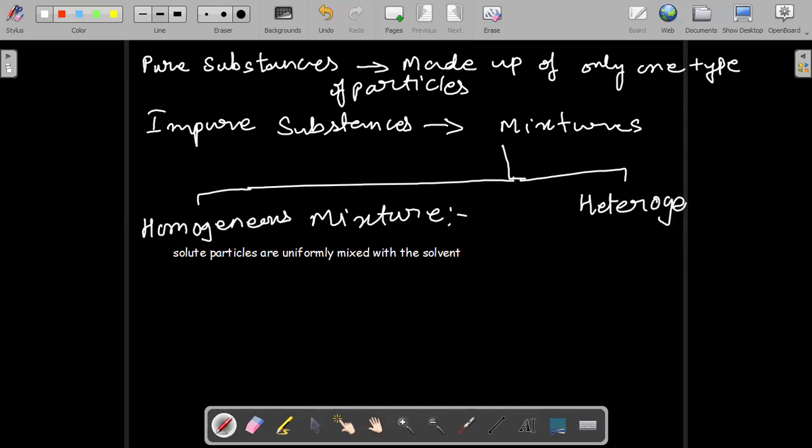Sugar and salt. Sir, milk. Milk, chalk powder and water. So I'm writing here sugar and salt. Is this an example of homogeneous or heterogeneous? Heterogeneous. This is a heterogeneous mixture.